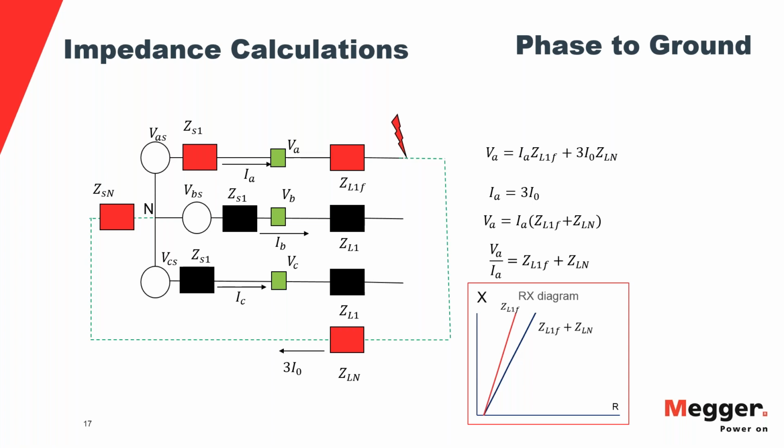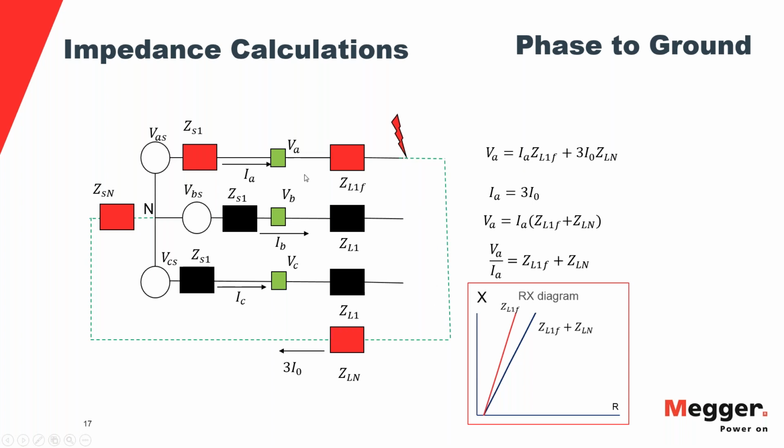this type of fault. Now, in this case, we can say that if it is a phase-to-ground fault, we can introduce the impedance of the neutral loop here, and we can take the voltage to the neutral at this point, at the point of measurement, and we can say that the neutral current 3I0 equals the phase current.